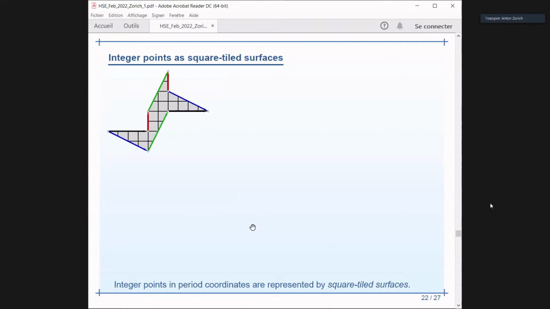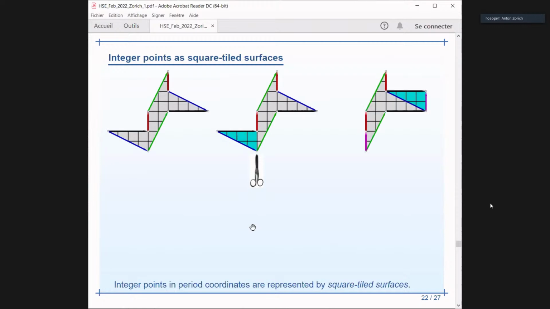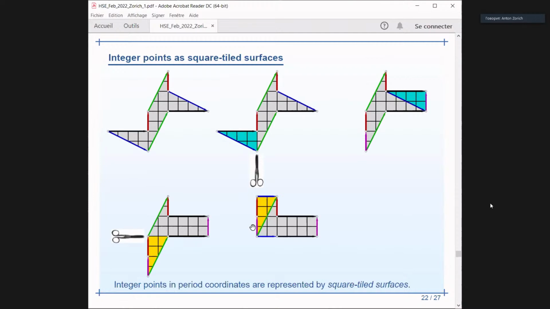Since this is just a pattern and we can rearrange it in the way which is convenient for us, we can chop, for example, this triangle shaded in blue. And since the blue side is glued to the blue side, we can put it where it is placed now. Then I will chop another triangle, which is now shaded in yellow. And since the green side is glued to the green side, I can put it at the top.